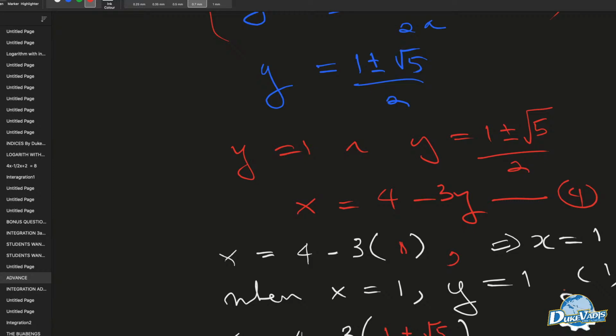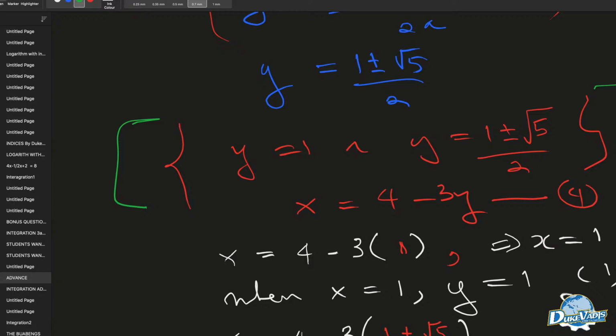Then it means y is equal to 1 is one of the roots, and y is equal to 1 plus or minus square root 5 over 2 is also one of the values of y.